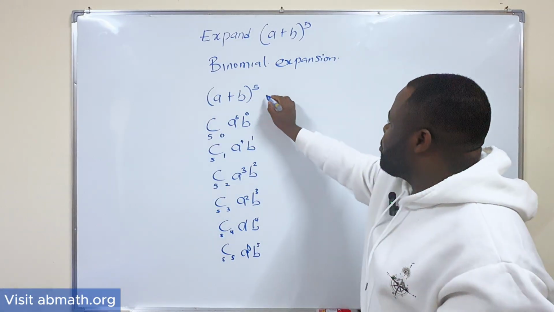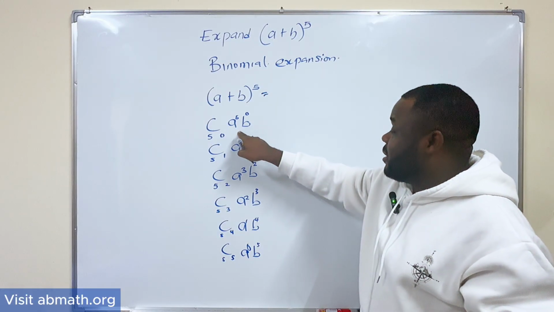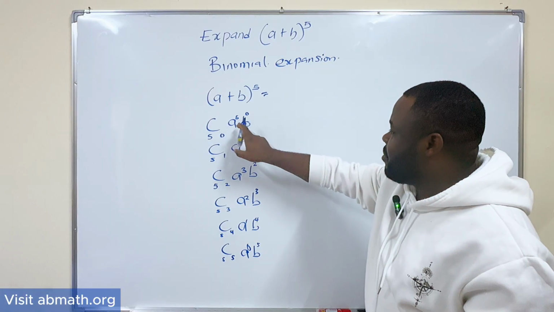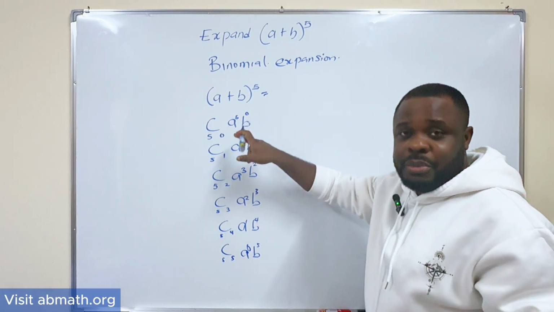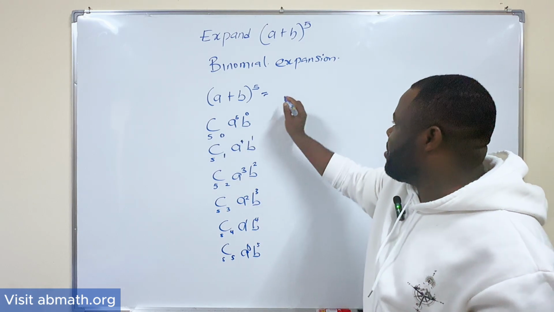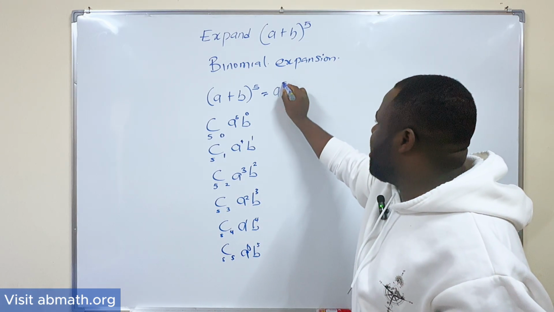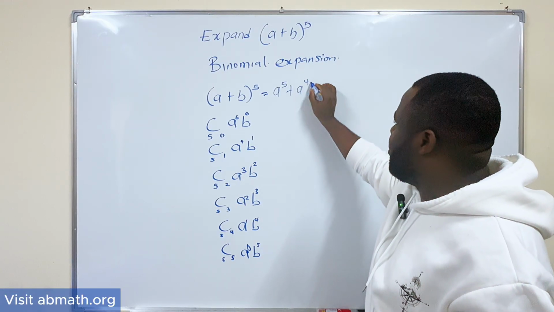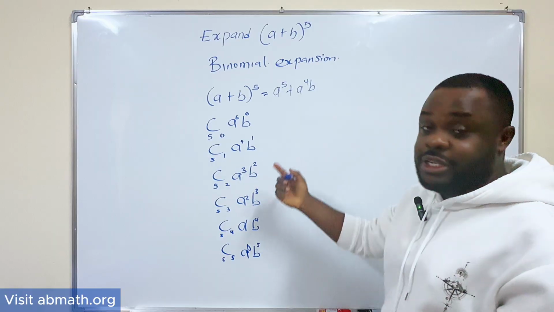So now we are going to write the multiples of this. We have a power 5 multiplied by b power 0. B power 0 is 1, of course. So a power 5 multiplied by 1 will give you a power 5. So we go down here, we have plus a⁴b, because b power 1 is b.